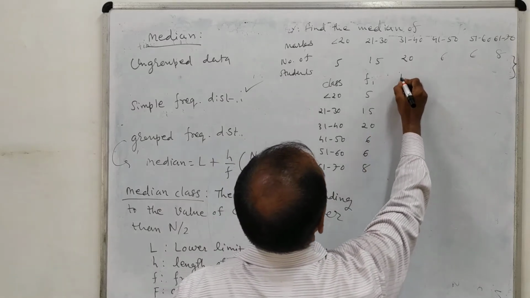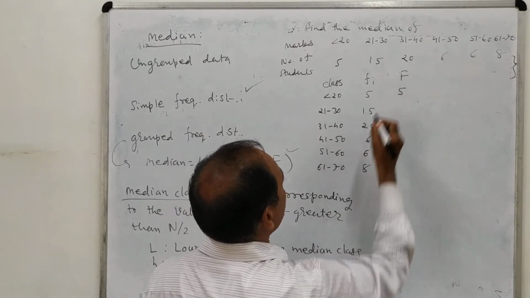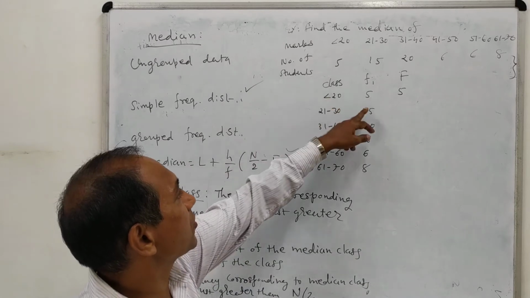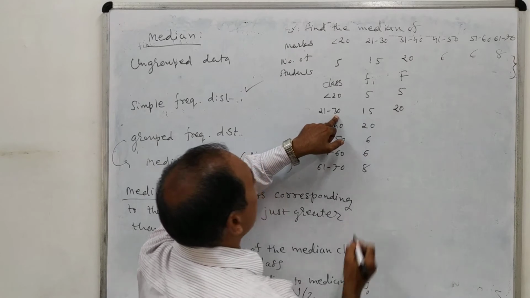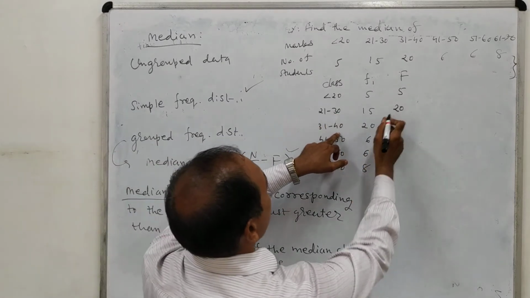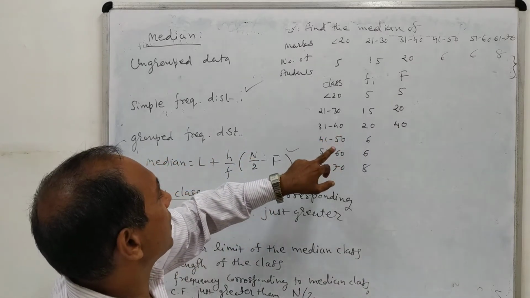Then cumulative frequencies, capital F. That means it is 5, a less-than type cumulative frequency. That means less than 20, the number of students is 5. Here 15 plus 5 is 20. That means the number of students getting marks less than 30. Here 20 plus 20, 40, means the number of students getting less than 40 marks.